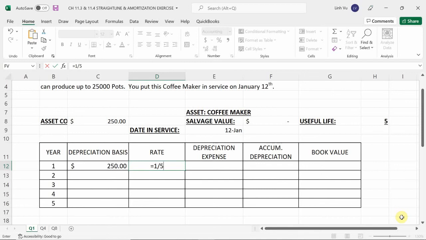Useful life. And after this, we do depreciation expense. Well, first, what's the rate?